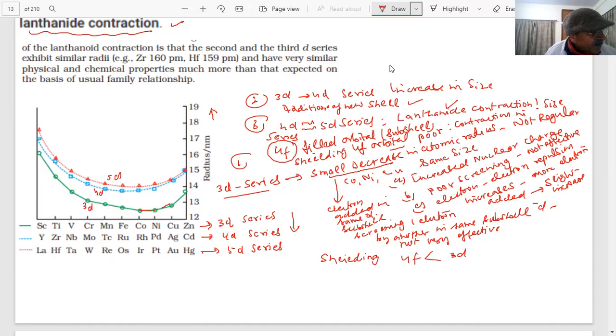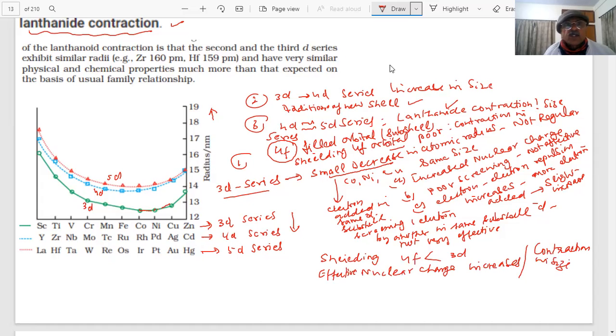Therefore the effective nuclear charge increases along the series, and there is a contraction in size. Therefore, the 5d series has almost the same size as the 4d.